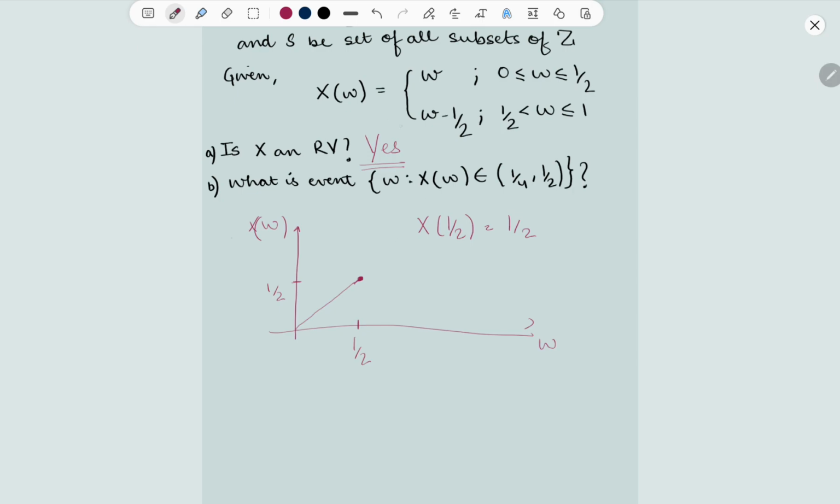Now for omega a bit more than 1 by 2, we will get the value omega minus 1 by 2, which will be approximately 0.